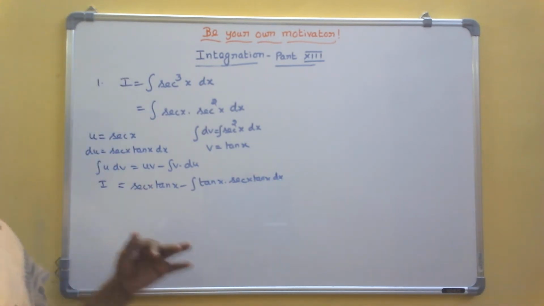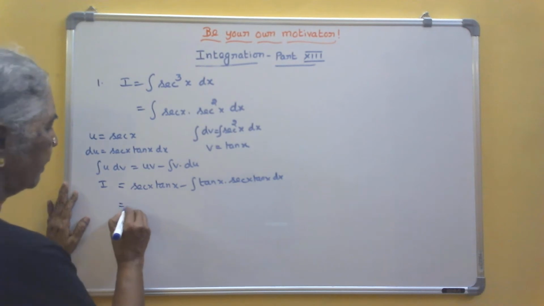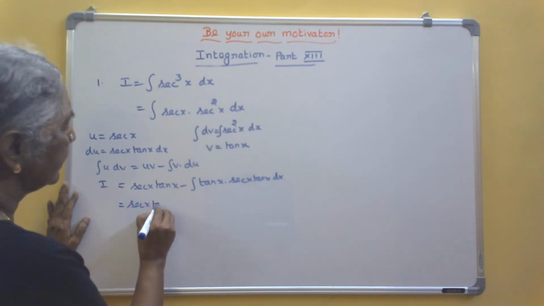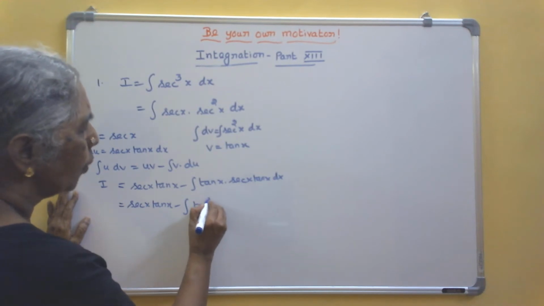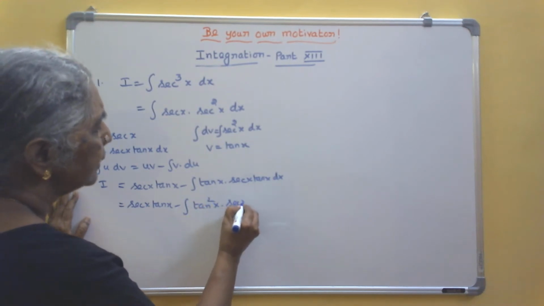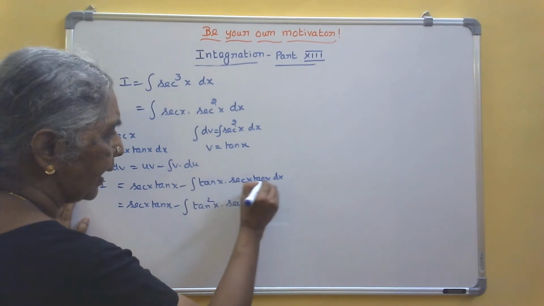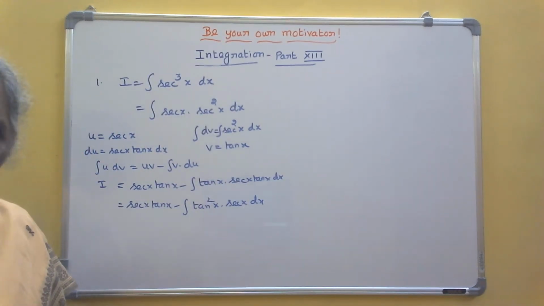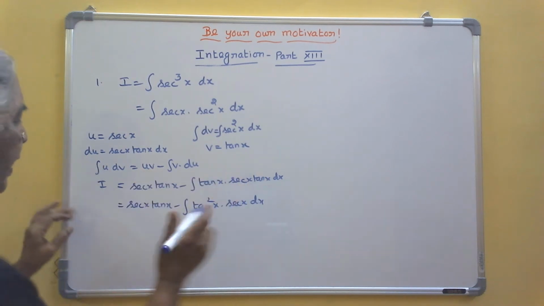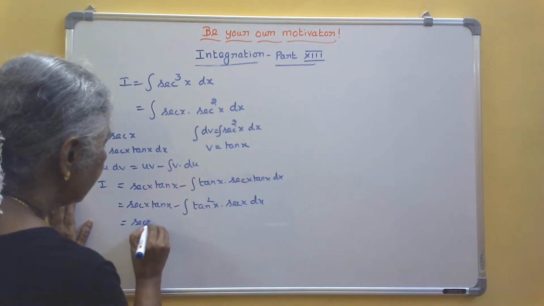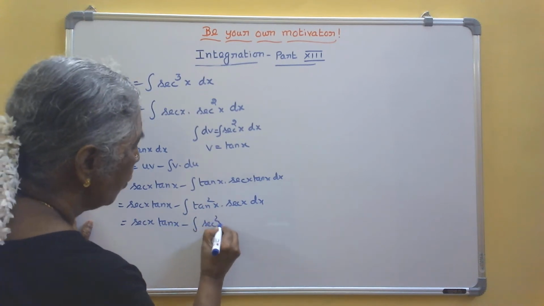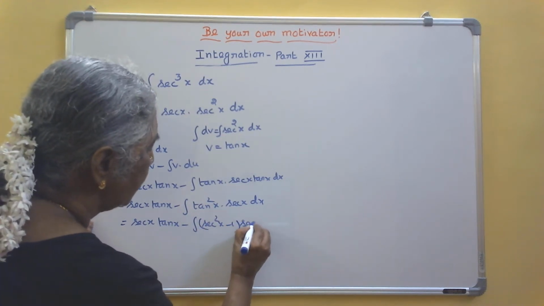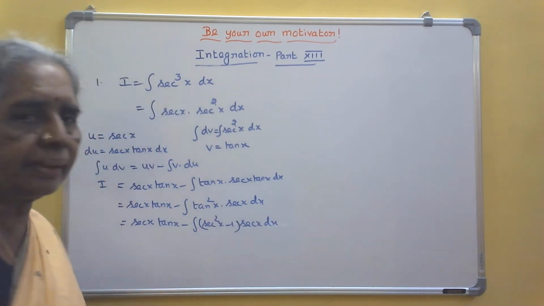Now let us write the first part as it is. That will be secant x tan x minus, this is tan squared x into secant x dx. You have your tan x, you have your tan x, right? Now I want to write this tan squared x as secant squared x minus 1. So I will get secant x tan x minus the integral of secant squared x minus 1 into secant x dx.